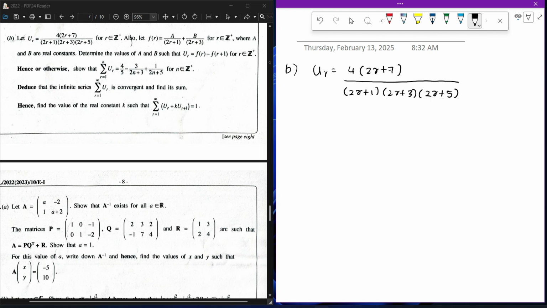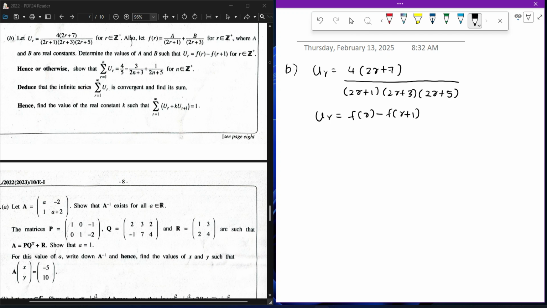They also say let f_r equal a particular expression where a and b are real constants. Determine the values of a and b such that u_r equals f_r minus f_(r plus 1). Better write down that u_r should be f_r minus f_(r plus 1).